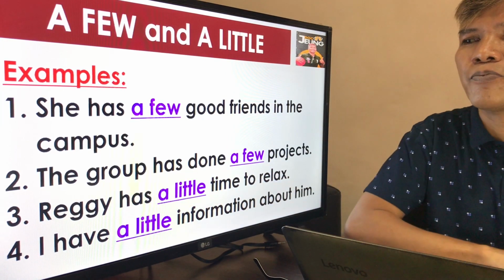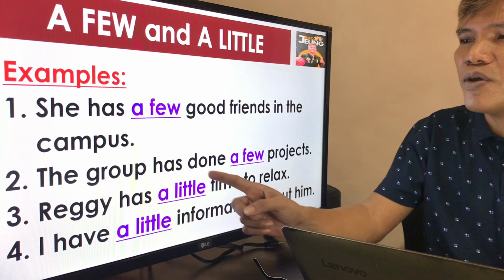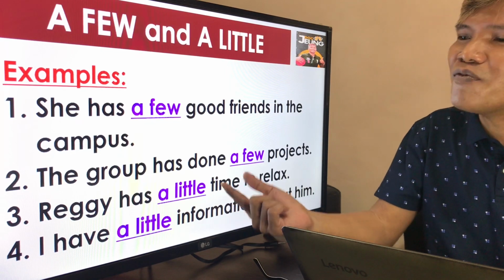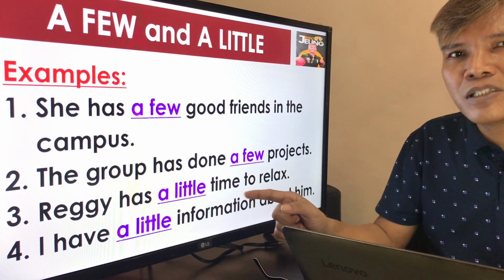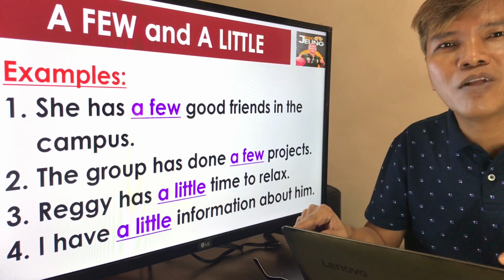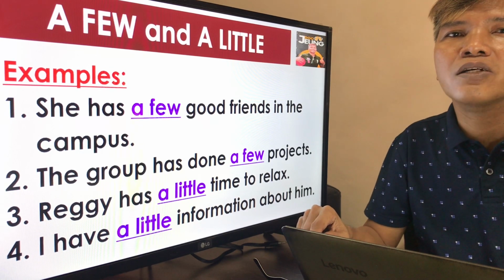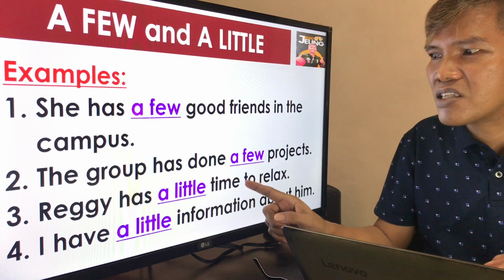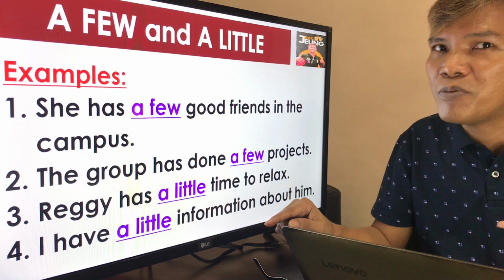For number 3, Reggie has a little time to relax. Why do we use a little? Because the next word after a little is time. Time is uncountable, especially if we are referring to 2 o'clock, 3 o'clock, 4 o'clock, etc. But if we add s to time, it becomes times, and the meaning will be different.